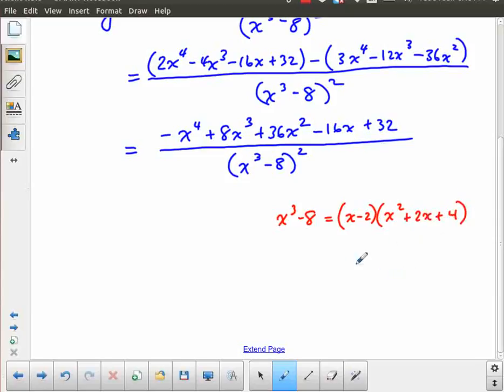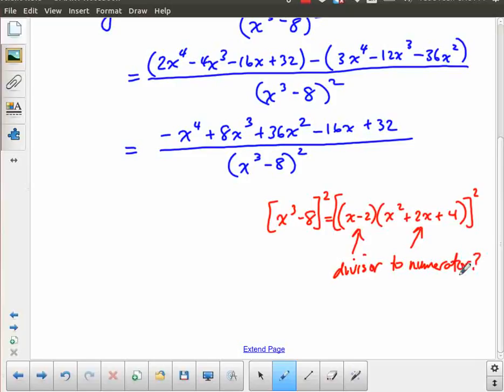So in that case, x cubed minus 8 all squared is just this factored form all squared. So now the question becomes whether or not either of these is a divisor to the numerator.